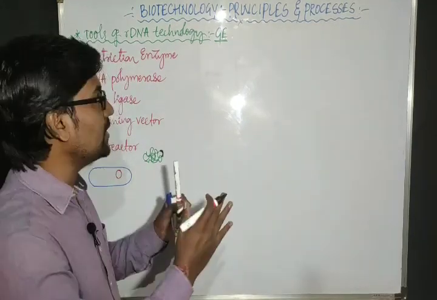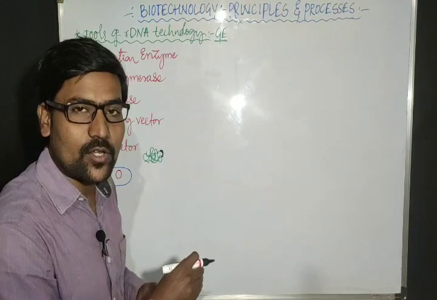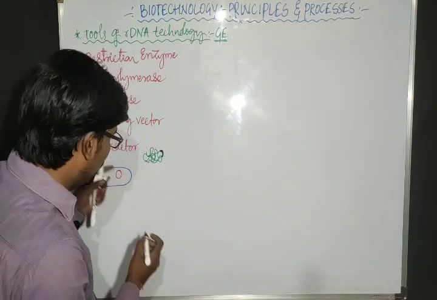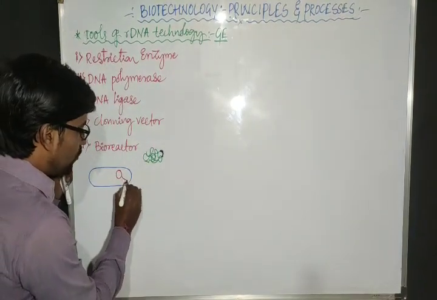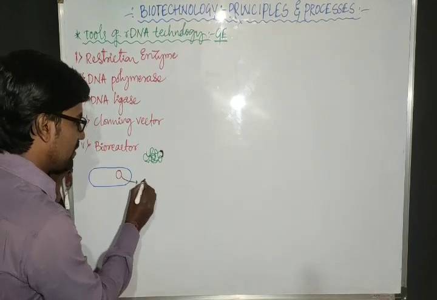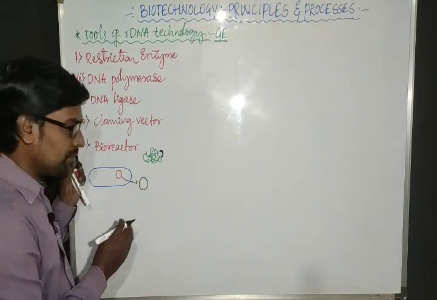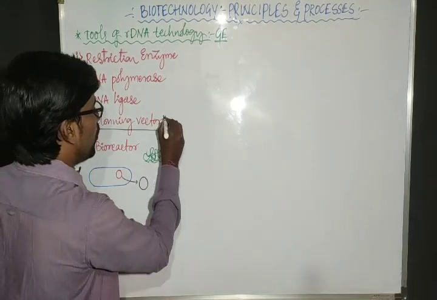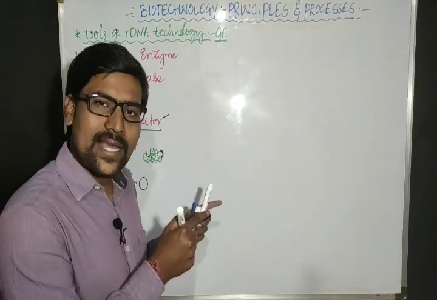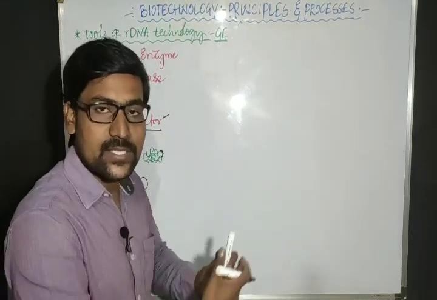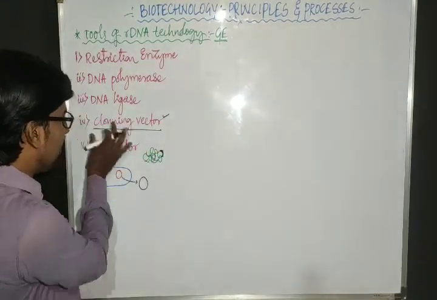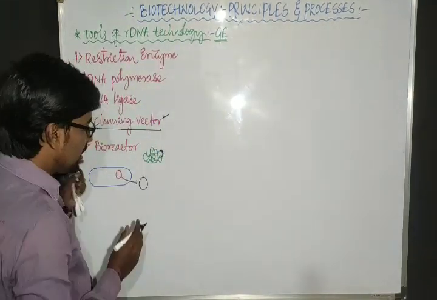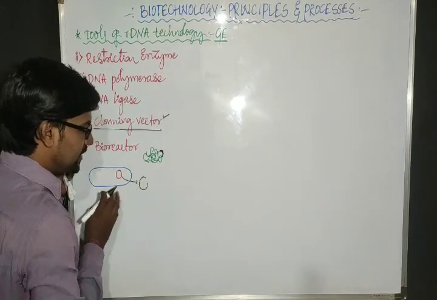So this is the whole thing about recombinant DNA technology. But first, what do we need to do? We have to take out the plasmid. That plasmid we will refer to as a cloning vector. Why it is called a cloning vector, I will explain further. So here the plasmid is nothing but the cloning vector, right? Now the cloning vector is cut.